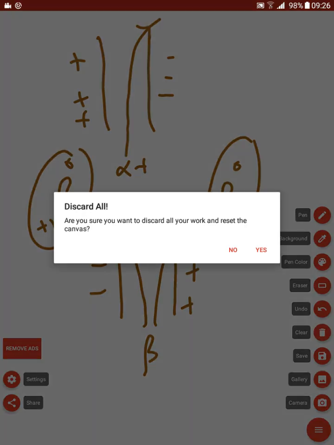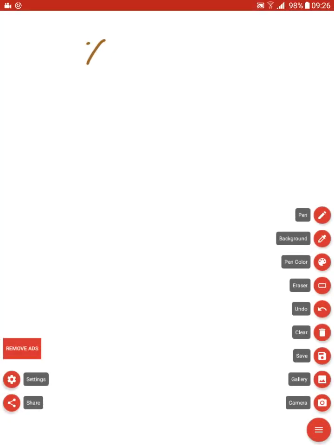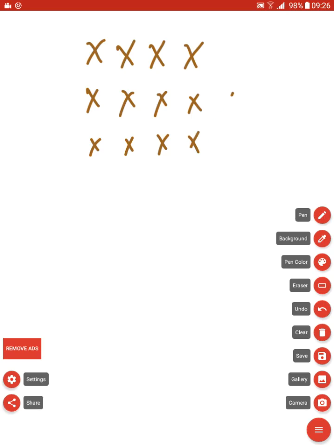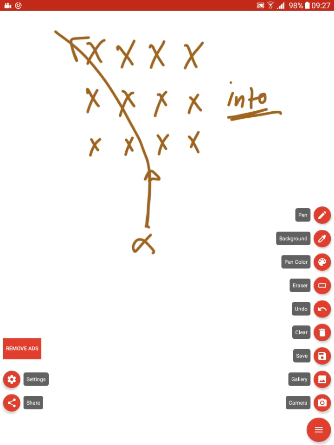What if we have a magnetic field? If we have an X sign, it means that the magnetic field is into the page. So if we have an alpha particle passing from here, using your left hand rule, the charge is moving up, the magnetic field is into the page, so the alpha particle will deflect to the left.